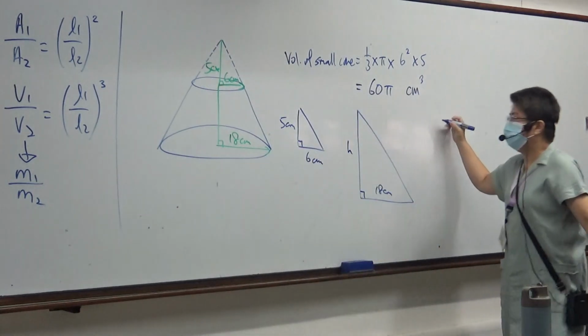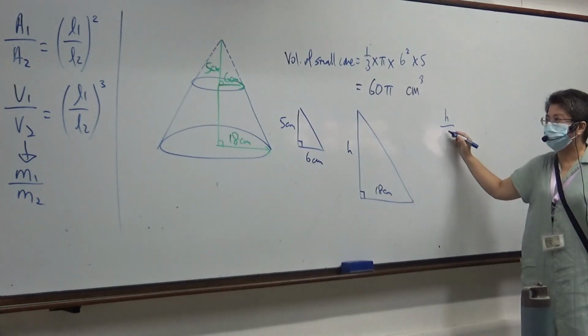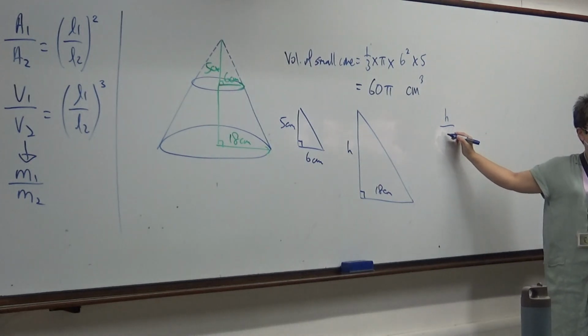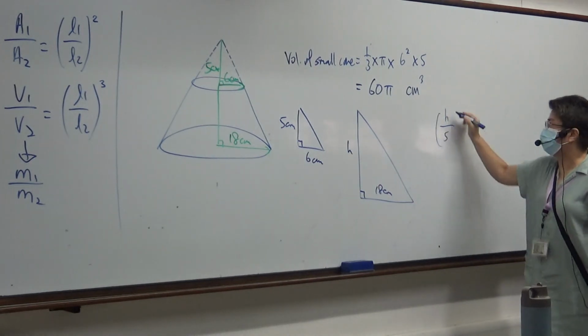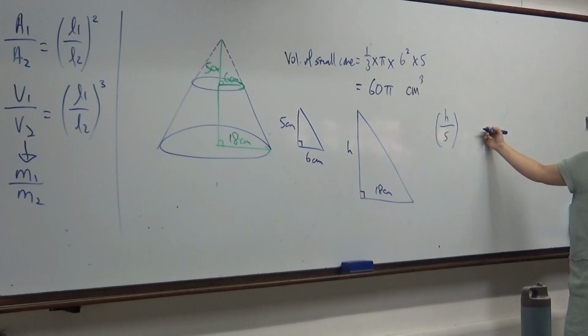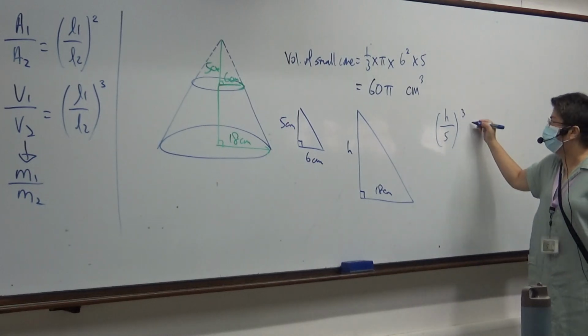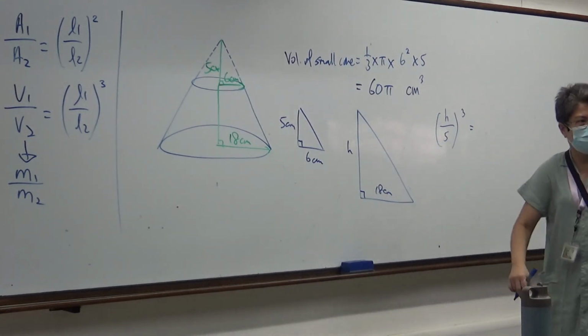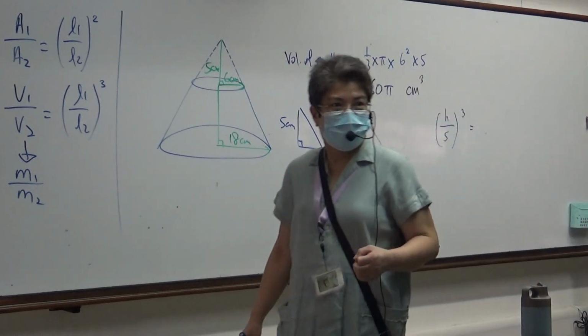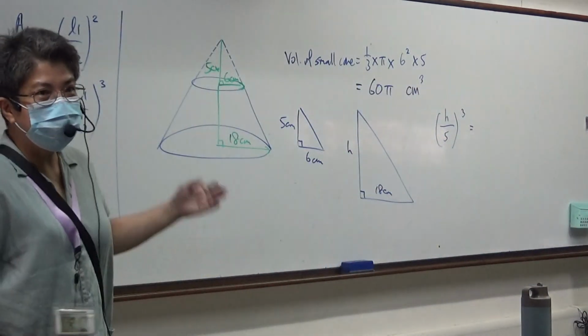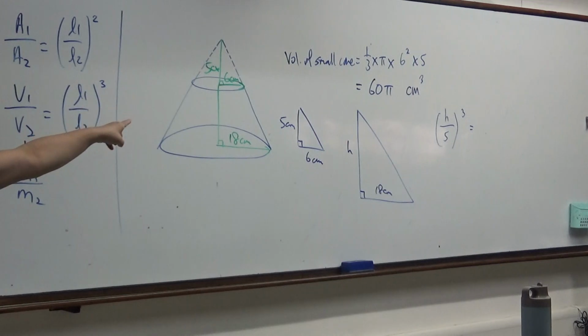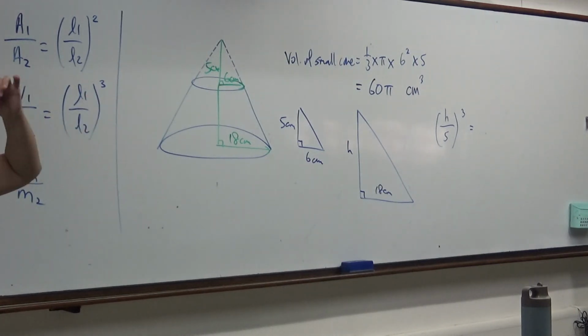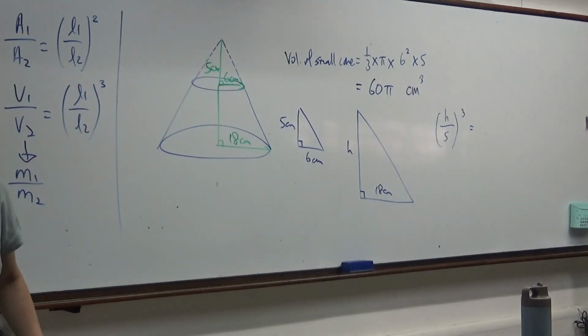Now, how would I find h over 5? Alright, I cube. I'll find the volume, right? But do you think this works? Because I don't know the volume of the big one, so I cannot use this one. Can you see? It doesn't mean that once you see volume, you must go and find volume first.